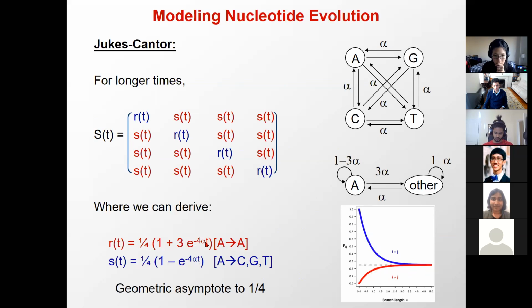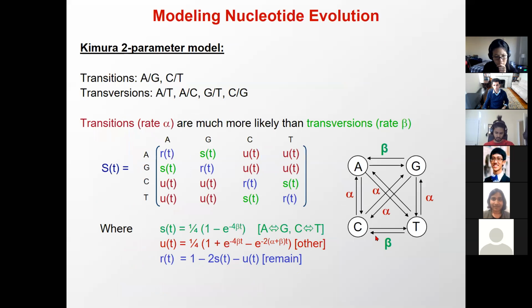So when t is 0, this actually starts at 1. And when t is 0, this actually starts at 1/4. Okay. So basically this becomes 1 plus 3. And then this becomes 1 minus 1, 0. Okay. So basically the probability of staying the same is initially 1 and then dropping off all the way to 0.5. And the probability of changing is initially 0 and then eventually rising to 0.5.